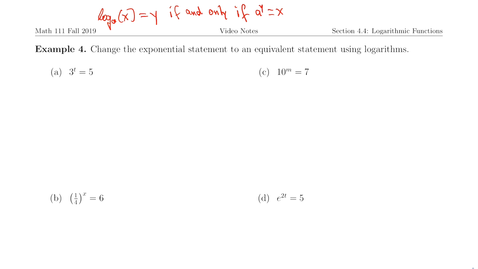So logarithms are exponents. That means t, the exponent, equals and can be expressed as the logarithm to the base 3 of 5. And that's all we're going to do here.